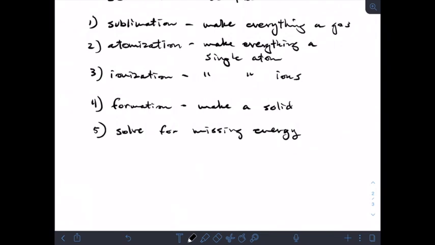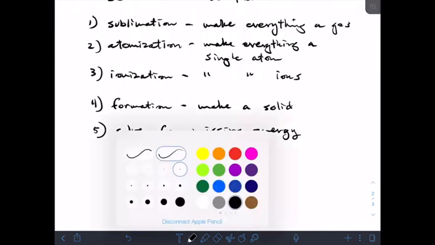Okay, so there are 5 steps to doing the Born-Haber cycle. And we're going to see if I can actually make this fit on my screen in a reasonable fashion. Here's an important thing: all of this information, the sublimation, the atomization, the ionization, the formation, is found in tables.